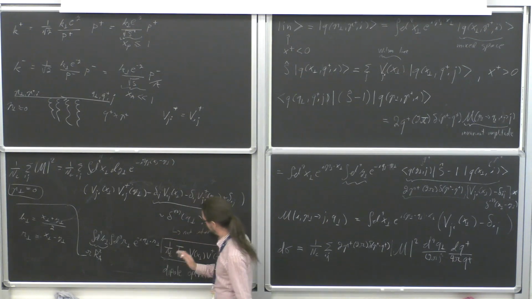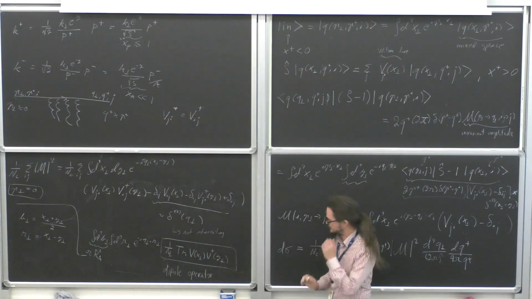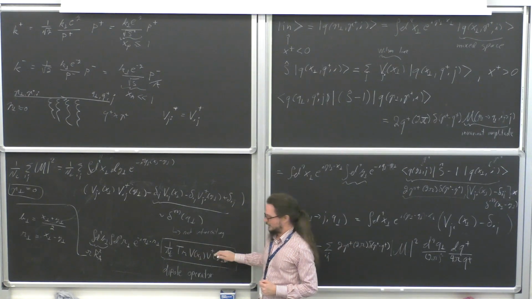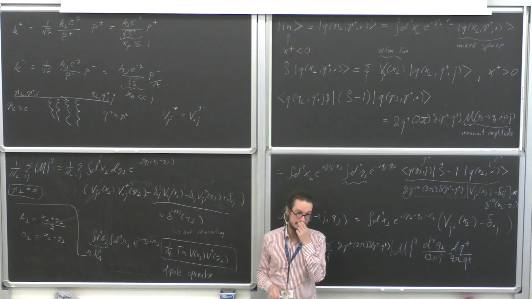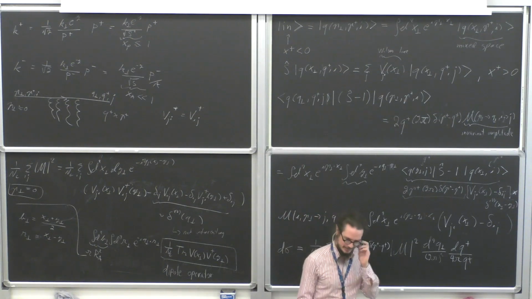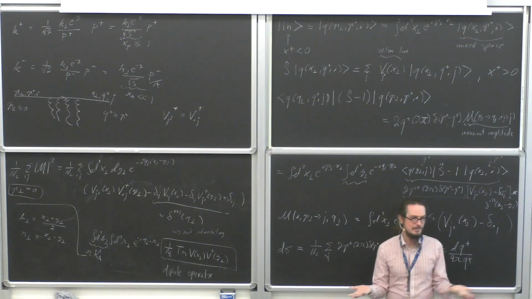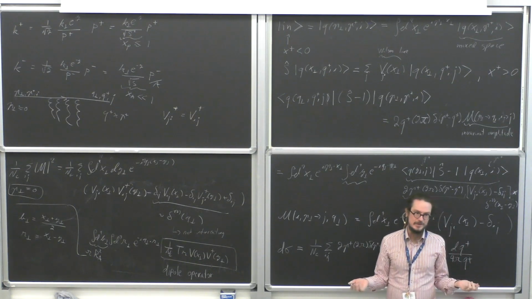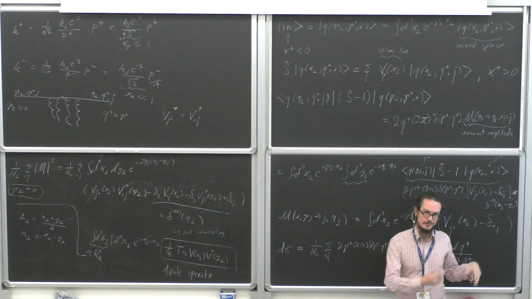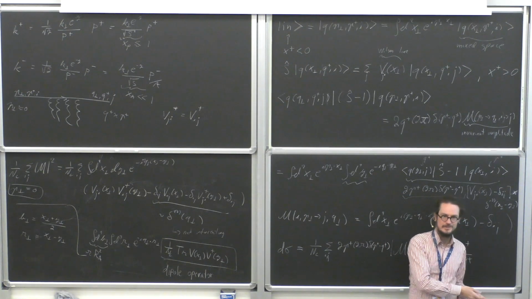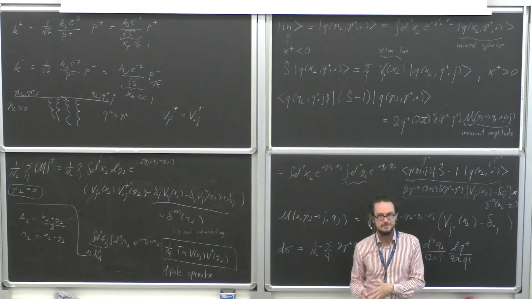Or dipole amplitude, or different terms. But it's a dipole because it looks like a quark and an antiquark. It is a quark from the amplitude together with a Hermitian conjugate of a quark from the conjugate amplitude, and a Hermitian conjugate of a quark is an antiquark.